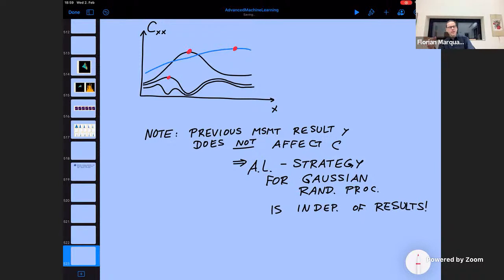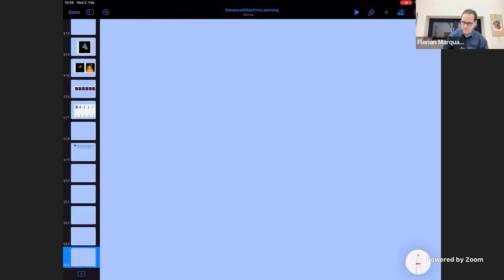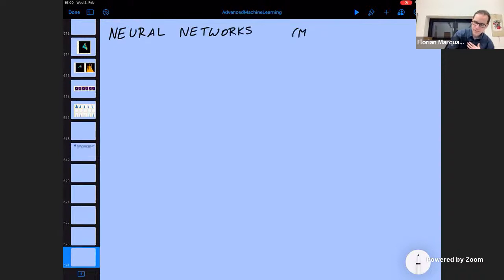But we will do it in a way that we very quickly come back to some of the mathematics that we have been able to use here. And so that's applying the same techniques, but now for neural networks. And I rely on a very nice work by MacKay. And I will put a link on the website.